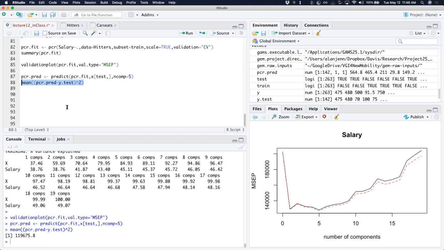In cases where inference is less important to you, in other words, you care less about how one specific variable contributes to the outcome, this type of approach may do a better job at predicting outcomes compared to your other regression approaches. PCA and PCR is a very common technique these days. It's used in lots of different applications.